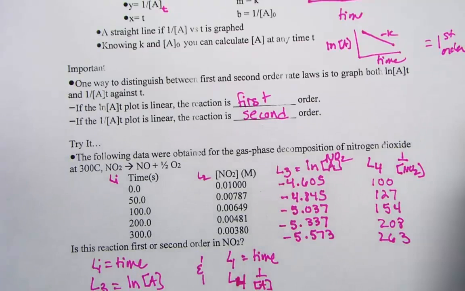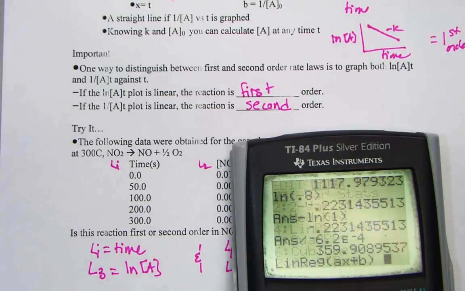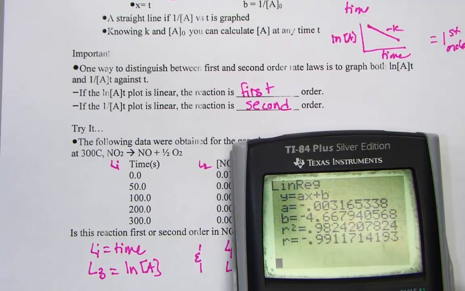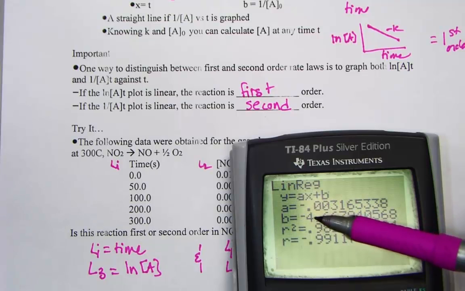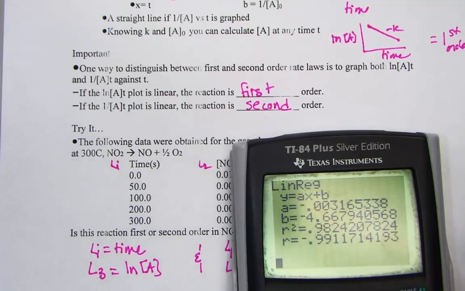So stat, calc, a linear regression, which is choice number 4. It's asking me which list would you like? Well, list 1, comma, list 3 is going to show me the relationship between the natural log and time. And this is what my calculator says. I get an a value, a b value, R squared, and R. I want to know the correlation coefficient.